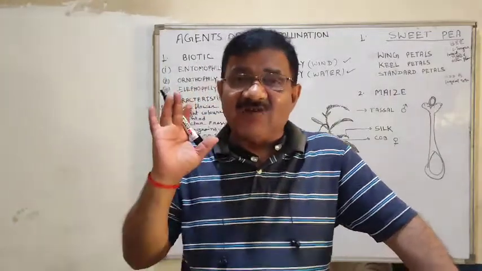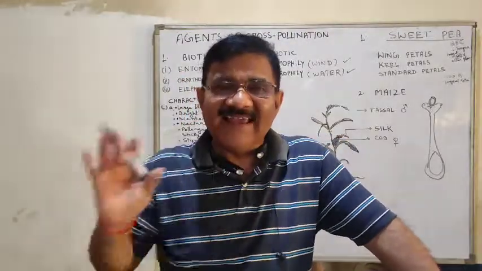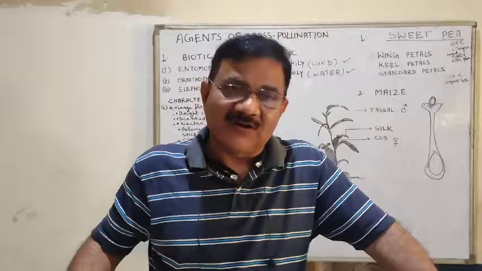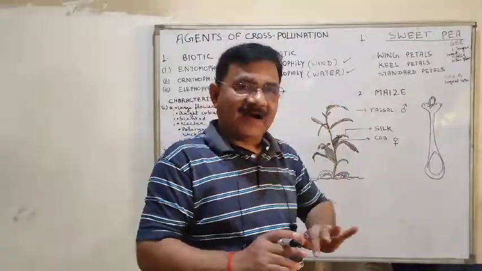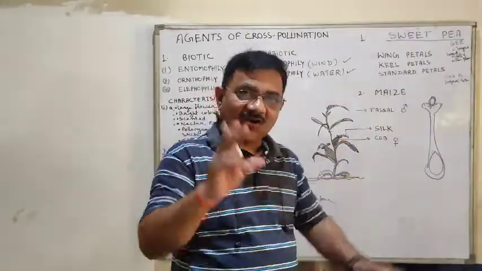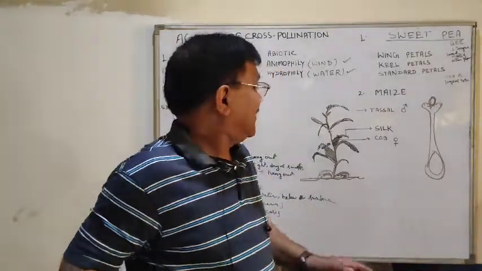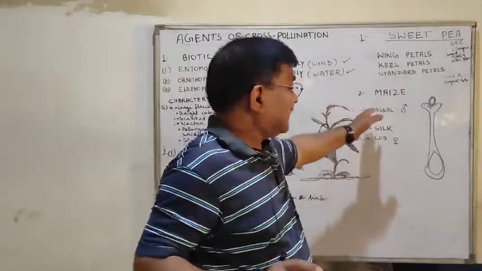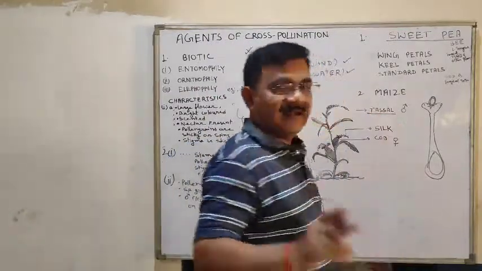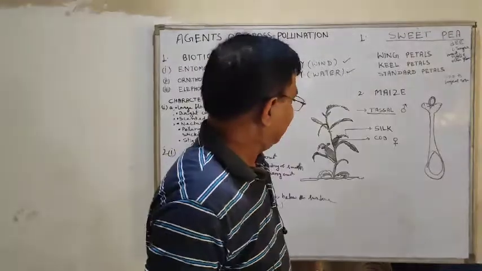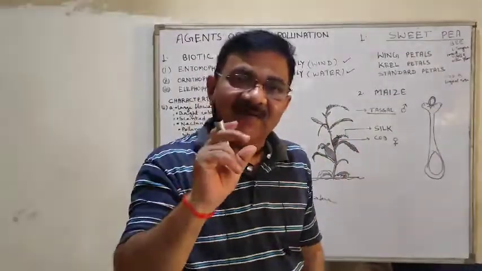The upper part is the male part. The cob, the part which we eat, is the female part. The upper part is called the tassel. The tassel is the male part of the flower, and the cob, which we eat, is the female part.